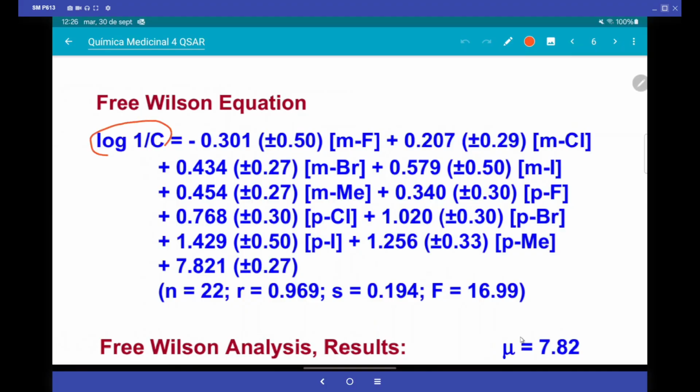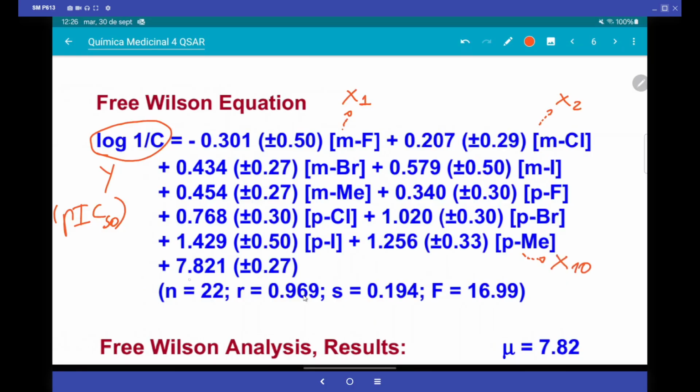We have pC50 equal to minus 0.3 times fluorine meta, the variable x1, plus 0.2 times chlorine meta, the variable x2, and so on until the last value, the standard deviation term, which I put as the variable x10.